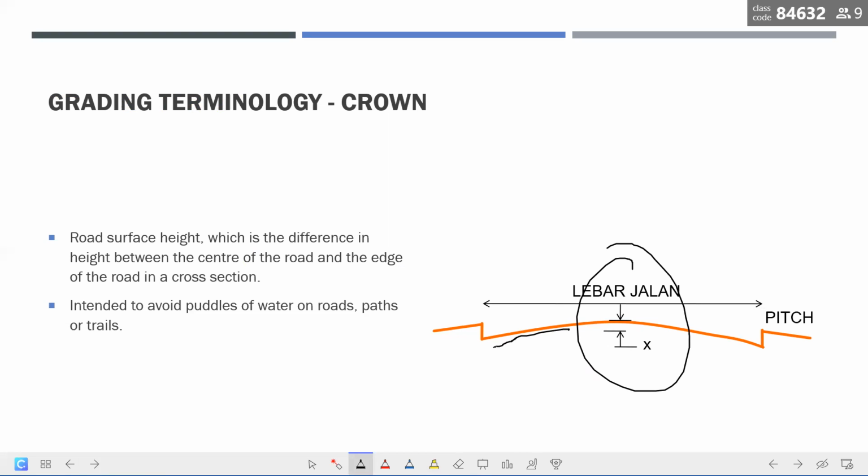You would want the water to run off towards the edge or towards the pitch, where you have drainage systems installed to direct water away from the central area.